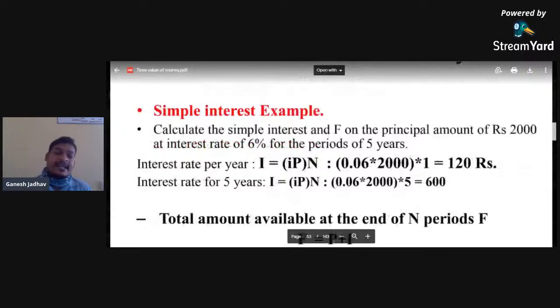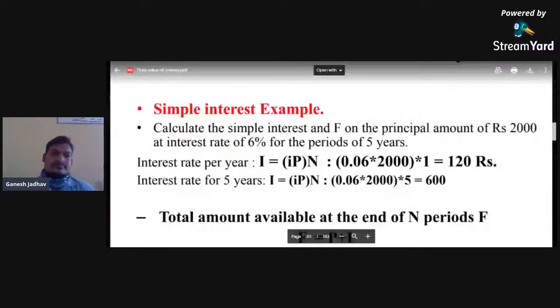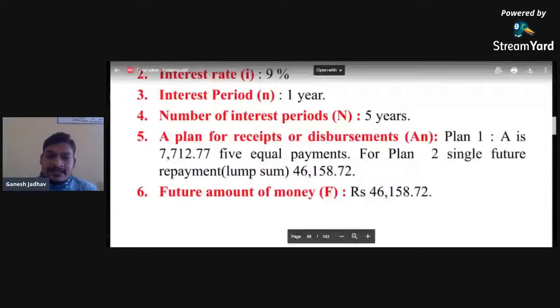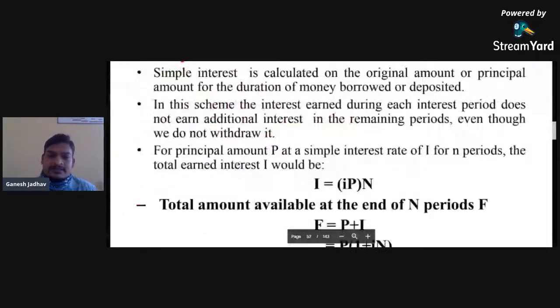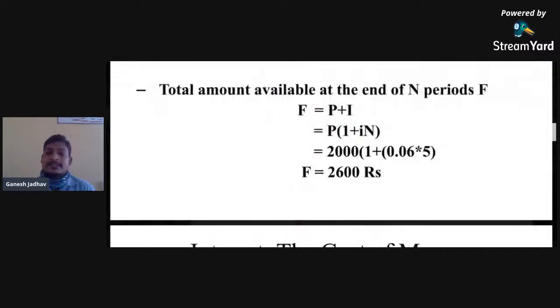Okay, 600, and the future amount, or the final amount, you can say this is A. A is equal to P plus I, where P is your principal amount and I is your interest.